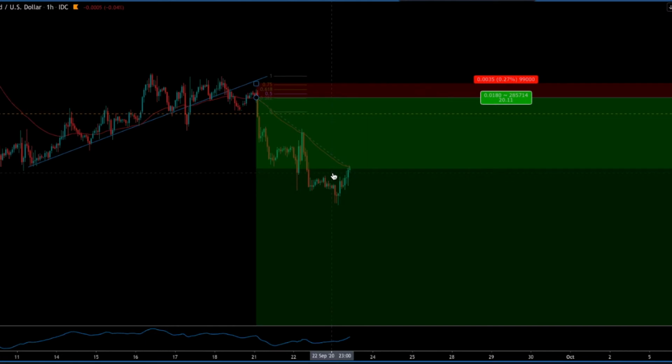So if I'm going to risk 1%, I want the trade to have potential to make 2% or more, so that probability will play out in my favor.